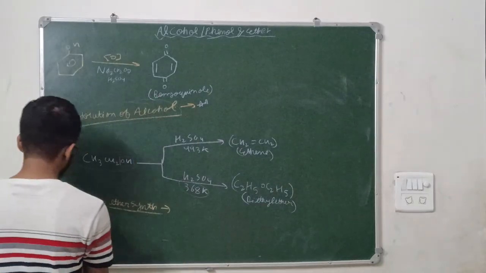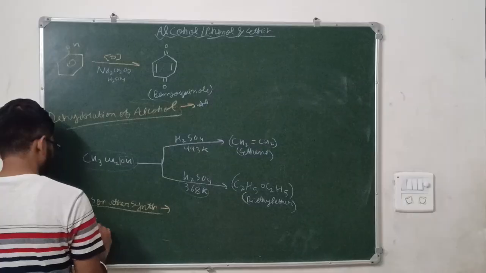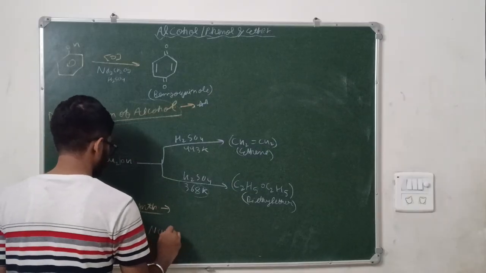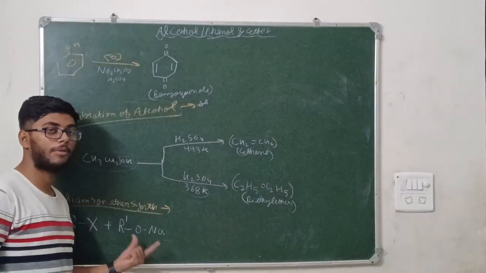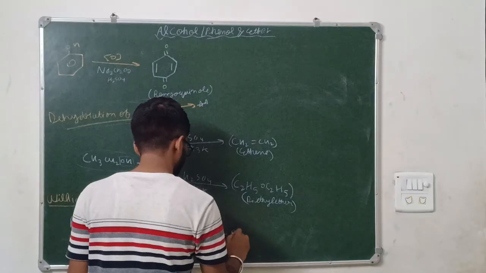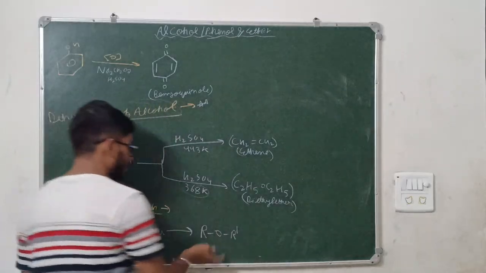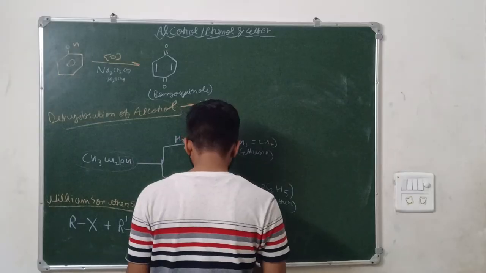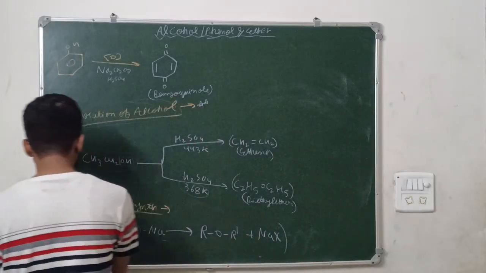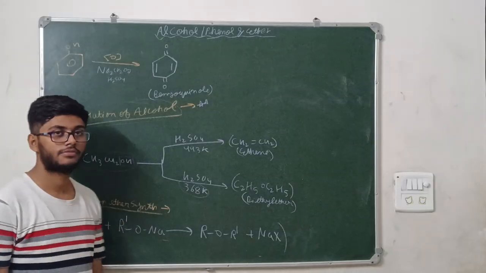It says reaction of any alkyl halide with R-ONa, this is what, a phenoxide ion. It's a type of phenoxide ion. It will give again the ether with a substituent alkyl group, ROR plus NaX, sodium halide. This is the reaction. Clear?